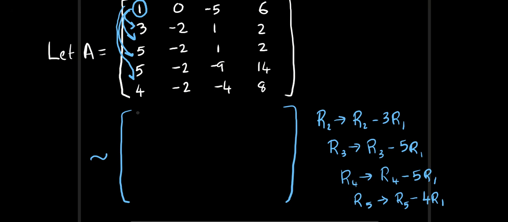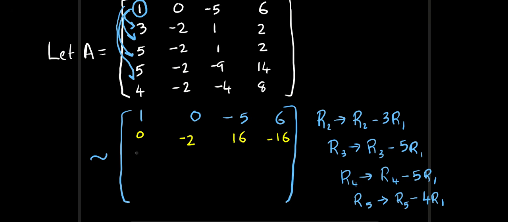So the first row will not change. So let's write the same elements. And from the second row there is change. So 3 minus 3, need to be a bit careful. So 0. Now there is no change. And then 1 minus minus 15, that will be 16. And then 2 minus 18, minus 16.